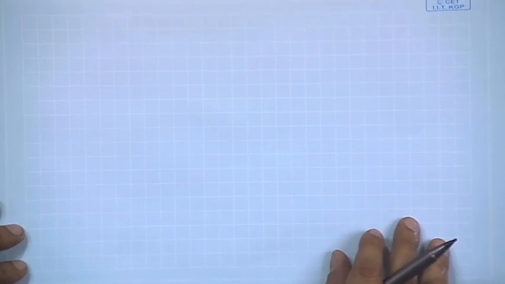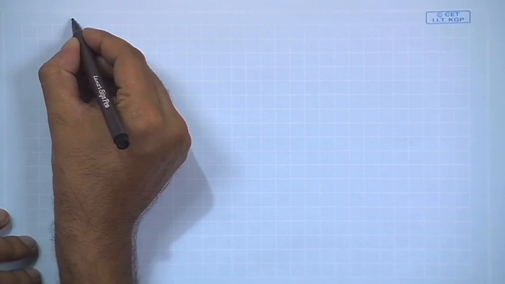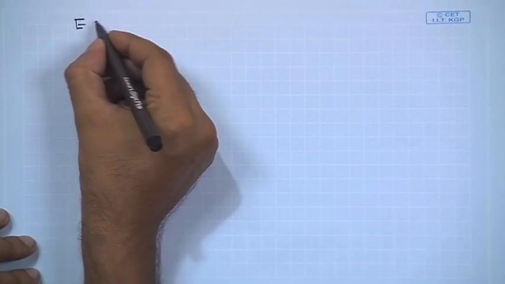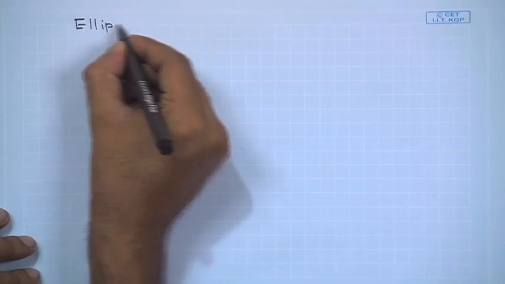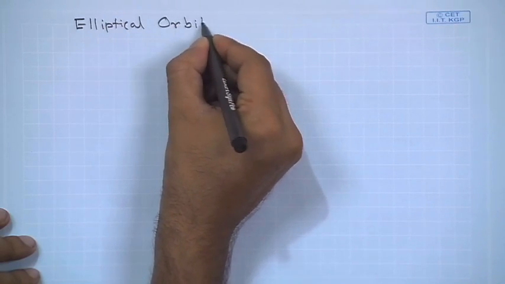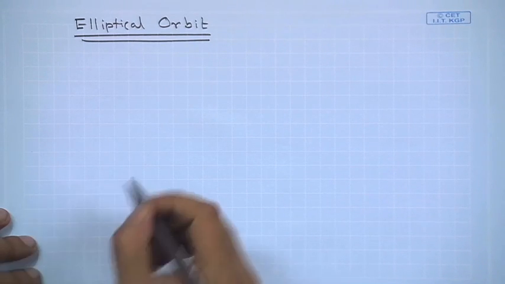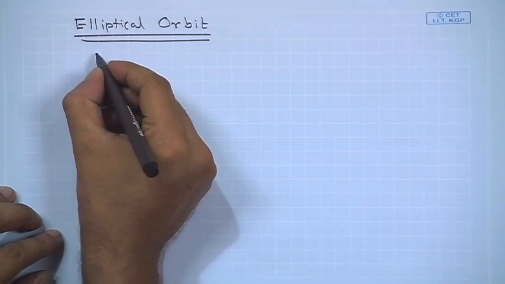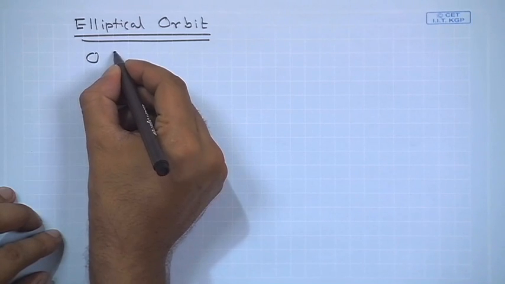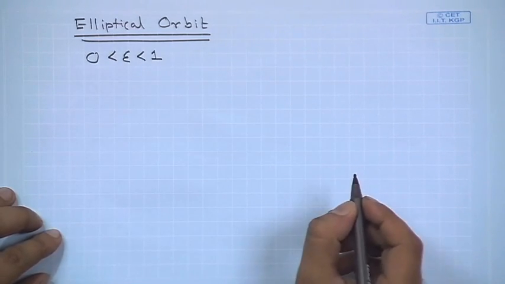Now let us go into the more general case of an elliptical orbit. For an elliptical orbit, epsilon has to be between 0 and 1.